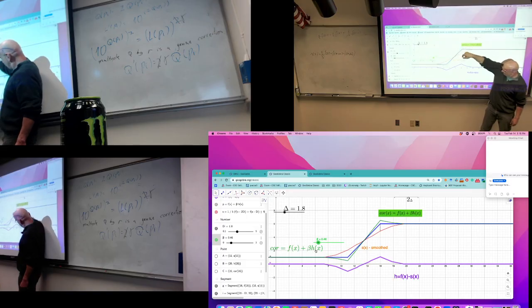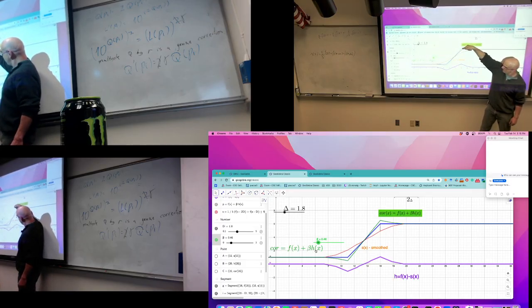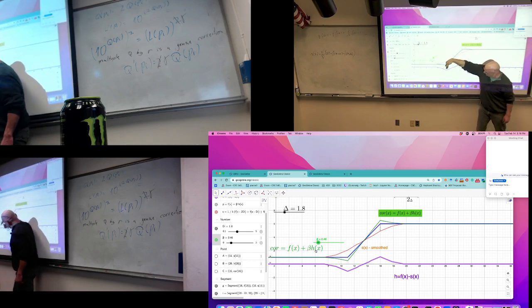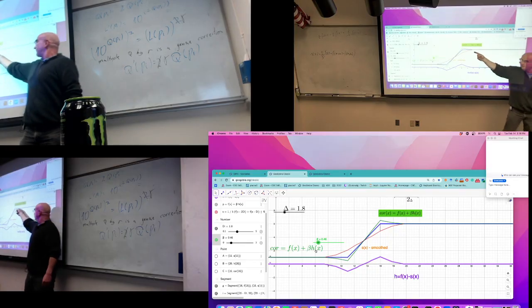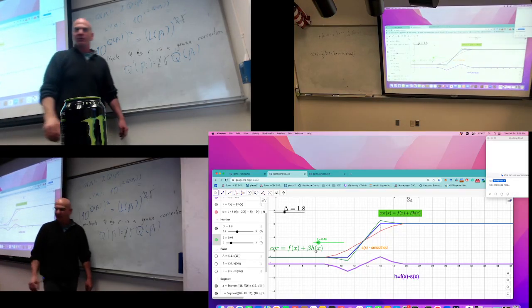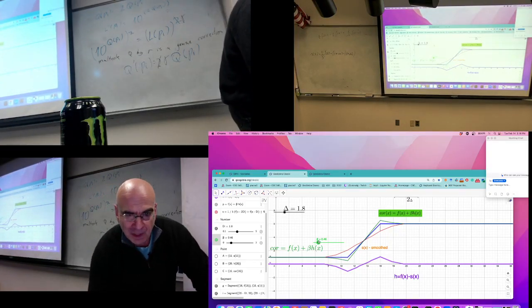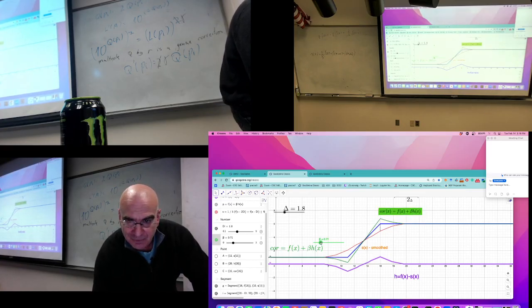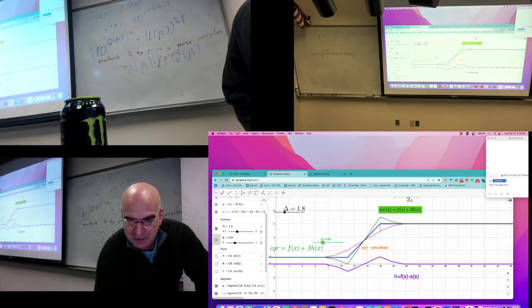Why is this higher? Because h of x was higher at this point, and I added to f something positive, so I'm getting higher. So this is a much sharper edge, and it's even more pronounced by higher and lower intensities. You can play with different betas over here, making it more pronounced or less pronounced, but that would be the impact.